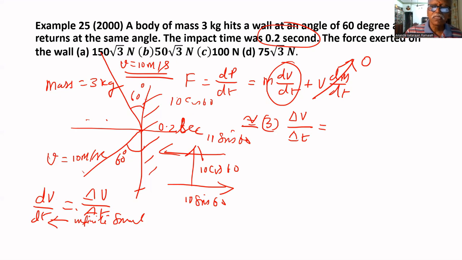This sin 60 is towards east and this is towards west, so these two get cancelled. Only the cos component of velocity is there, both in the same direction.